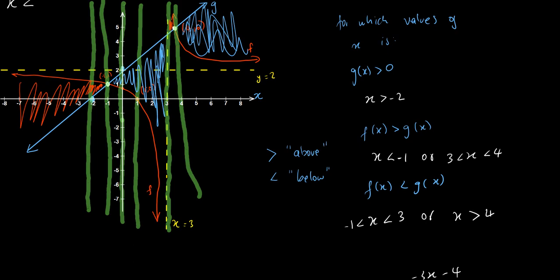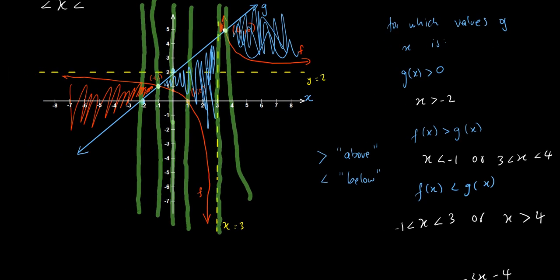When they ask where f of x is greater than or equal to g, this still means that f must be above g, but now you include the intersection points.